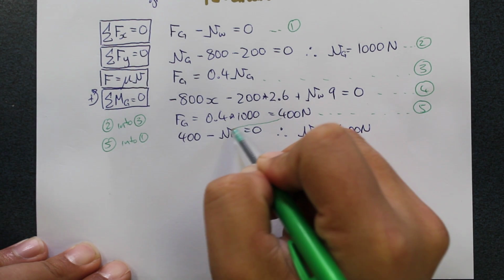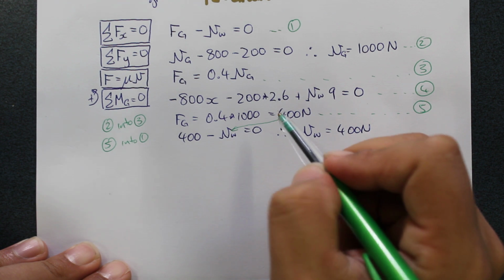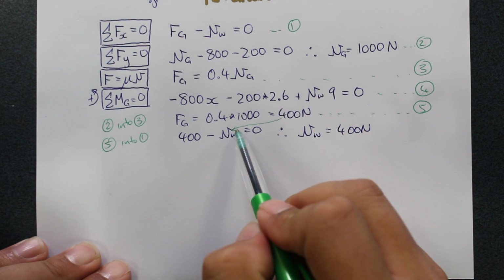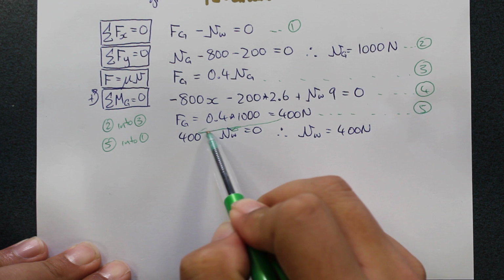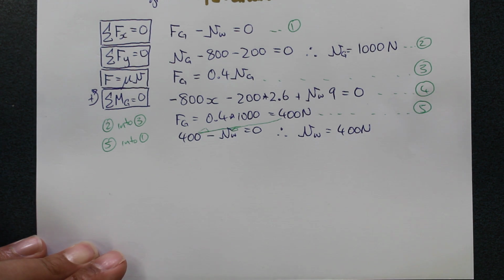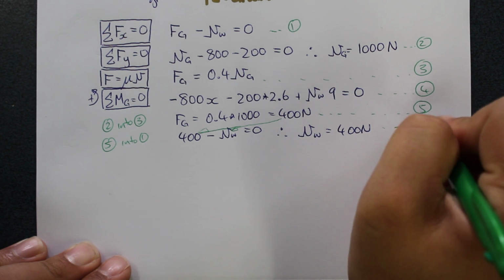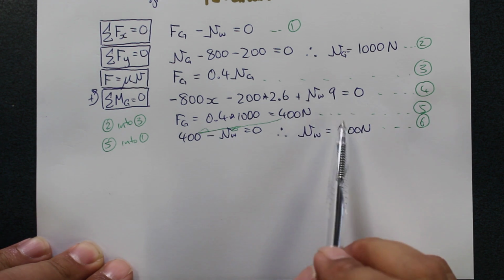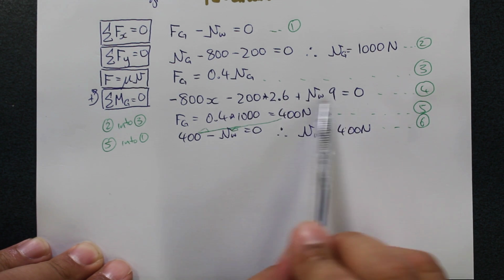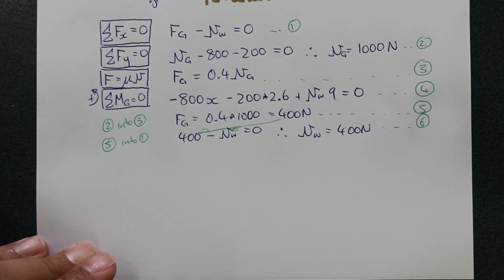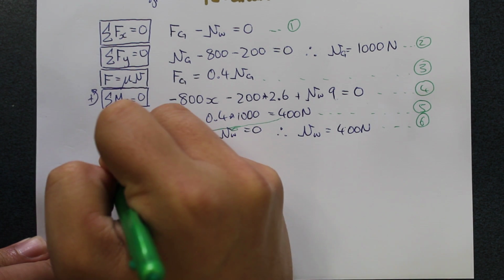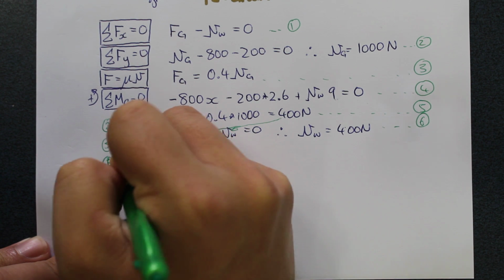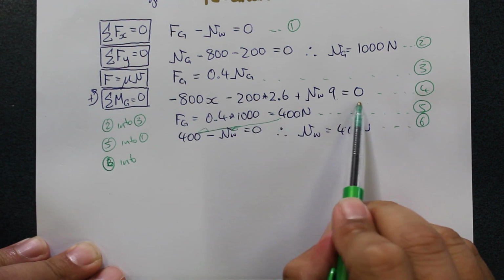We can call that equation number 6. Now that we know the normal reaction from the wall, we can substitute equation 6 back into equation 4.